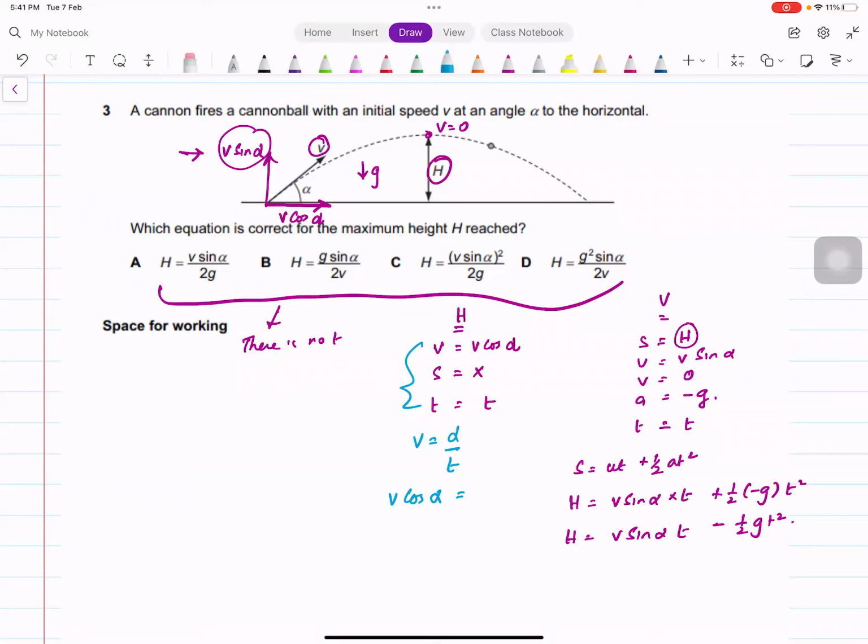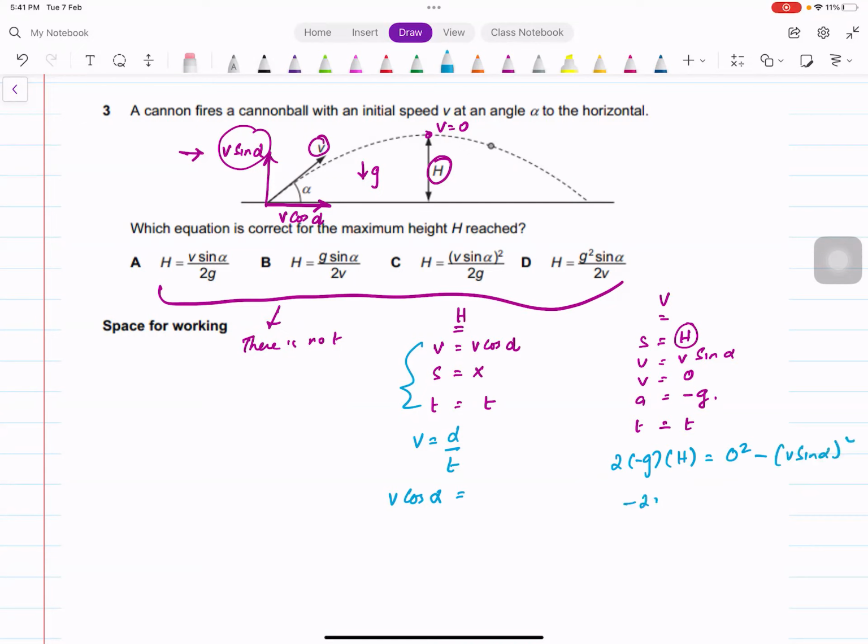Sir, why don't we use 2as is equal to v square minus u square? Yes. If we do that, oh yeah, we can do that. Sorry. Yeah, we do not have this, so that would be better actually, because I have to then do it the long way. All right, let's do that. So if I use that, then 2 times minus g, displacement is h, equals 0 squared minus v sine alpha whole square.